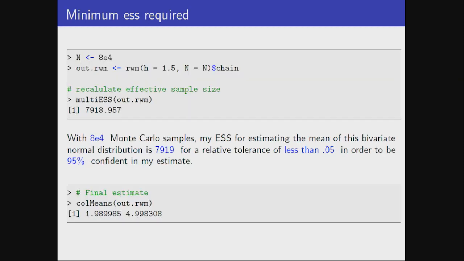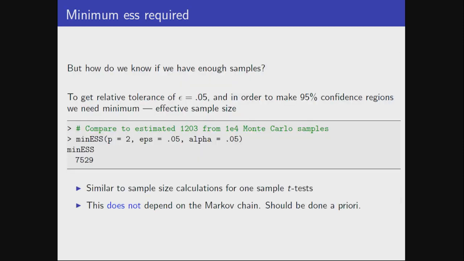Right, so the epsilon tolerance is kind of a relative tolerance based on the variance in your true target distribution, which in this case was that covariance matrix. So that compared to your variance in your Markov chain Monte Carlo sampling.